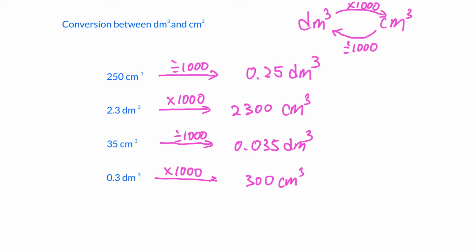Normally, dm cube values will be relatively smaller than cm cube values, and the cm cube values are larger. This can help you cross check if you have more sense of cm cube and dm cube, so you can use this to help you do the conversion.